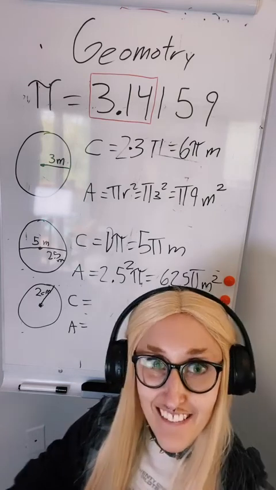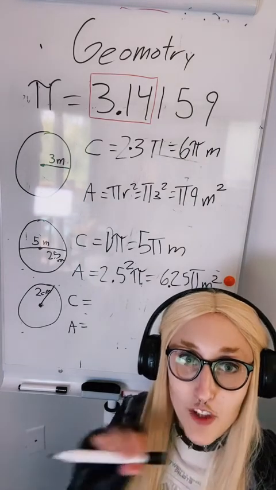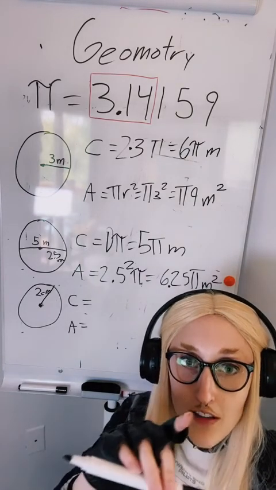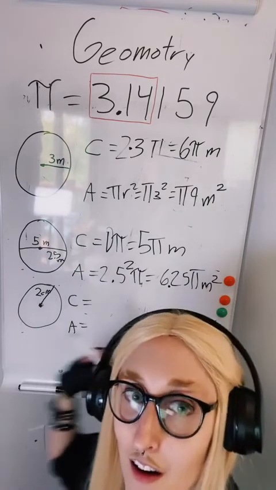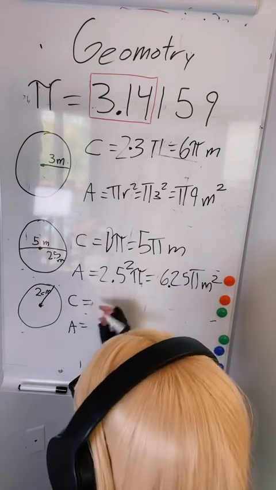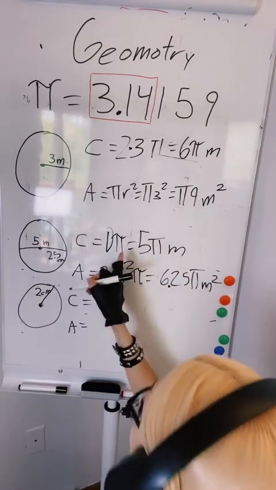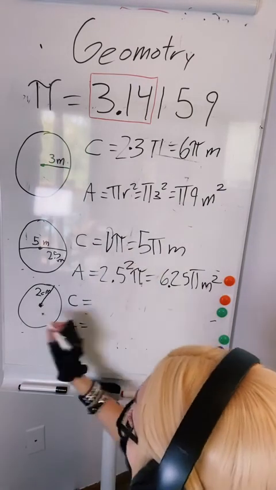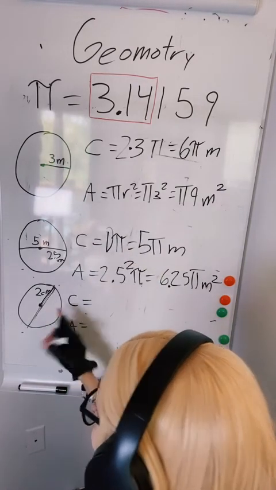All right, last one. 2 centimeters. So I get my circumference. Awesome, beautiful. You get your circumference by doing your diameter times pi, or in other words, 2 of your radiuses.